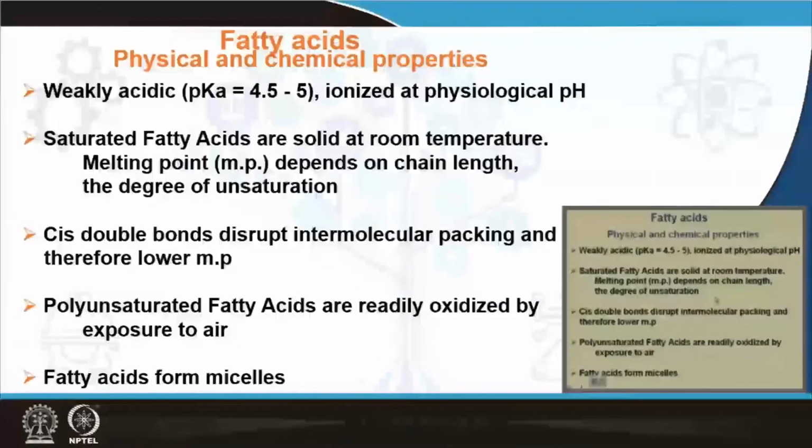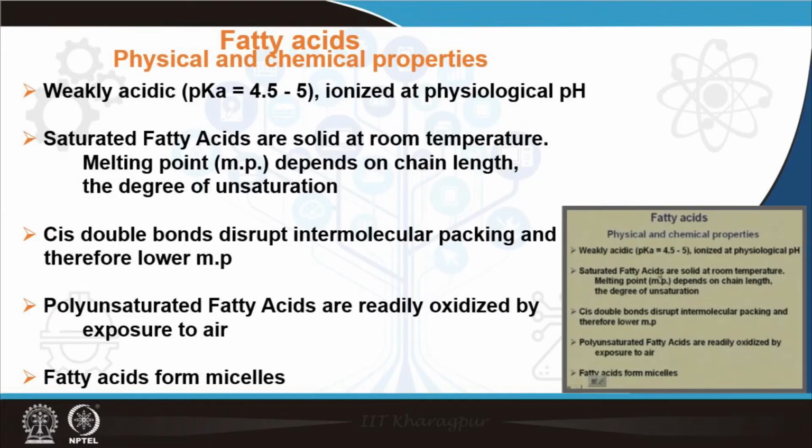Okay. Now, some properties of fatty acids. Here are some physical and chemical properties. Fatty acids are weakly acidic in nature, with a pKa of 4.5 to 5, which means that they are ionized at physiological pH, because physiological pH is 7.4.